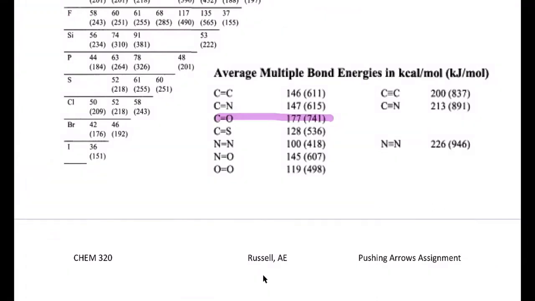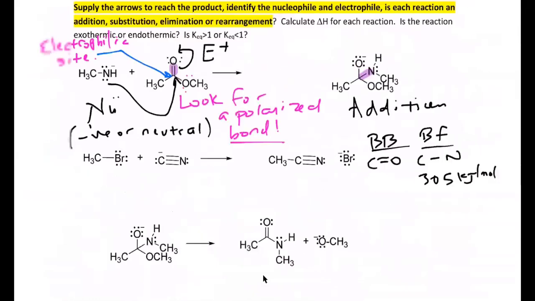So we're going to take that number, 741, go back to our problem and put it right here, in kilojoules per mole. So now we know the energies of the bonds.